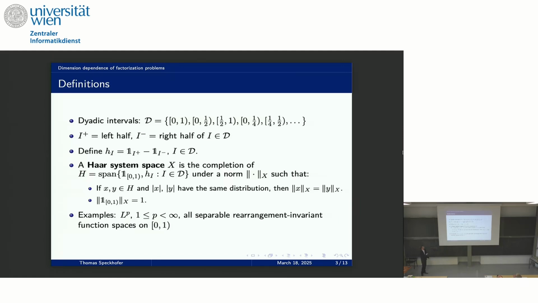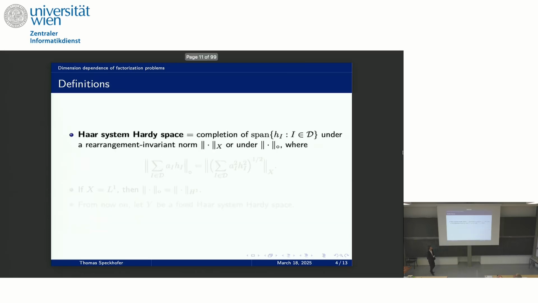Okay, for all these Banach spaces, the main results will be true, but we can also go one step further and define H-system Hardy spaces. So an H-system Hardy space is again the completion of the span of the H-system under some norm. Either we take this rearrangement invariant norm from the previous slide, or we take an associated square function norm, where the norm of some linear combination of the H-system is obtained by first taking the square function of this element and then applying the X norm.